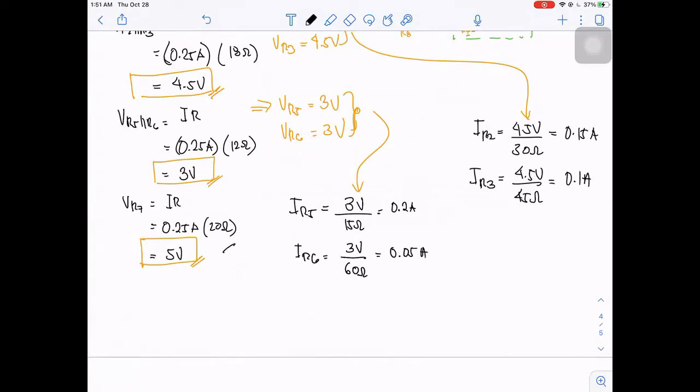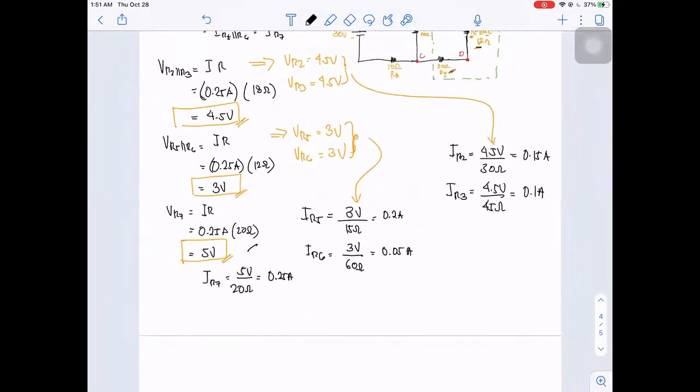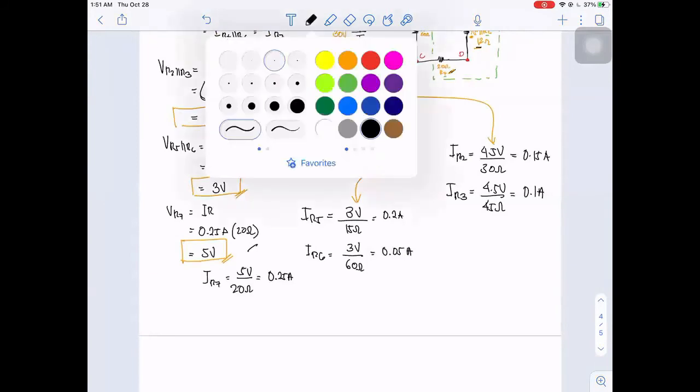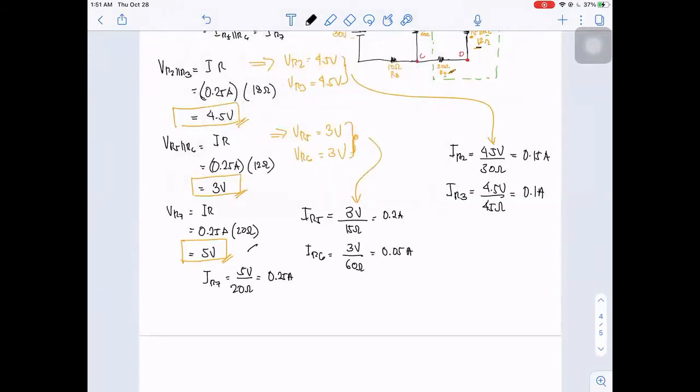Now, it is obvious in VR7 that IR7 is equivalent to 5 volts all over 20 ohms, and that is equivalent to 0.25. Okay, so this is now the values of our current. So this is IR7, IR6, IR5, IR3, IR2.